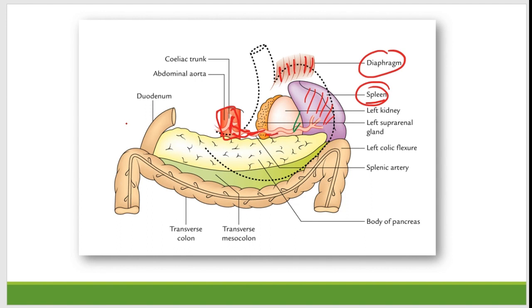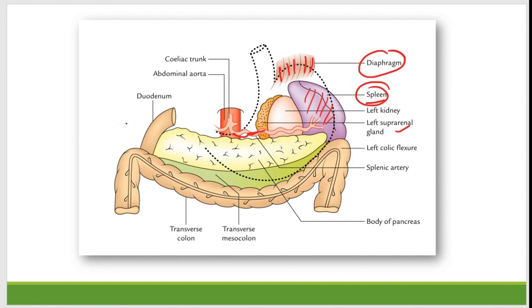But the most important thing here is that the splenic artery is present here. Next, we have seen the left suprarenal gland, and the left colic flexure is also present. See, this is the left colic flexure, also related to the posterior surface of the stomach.